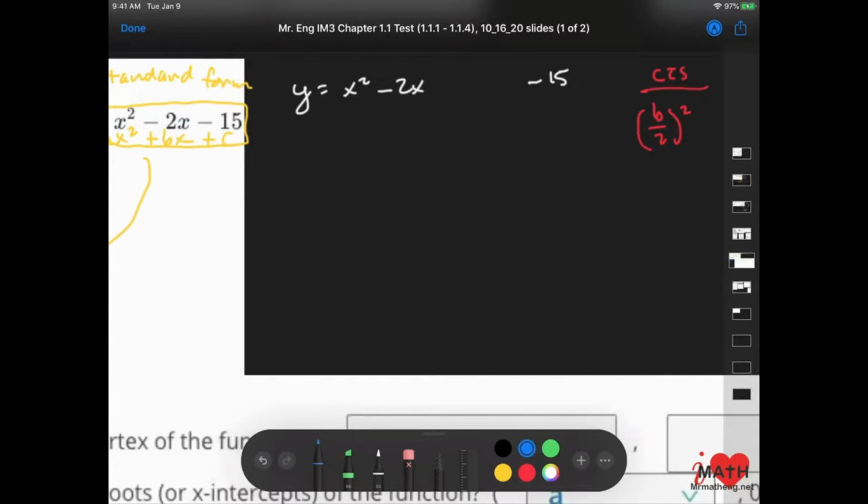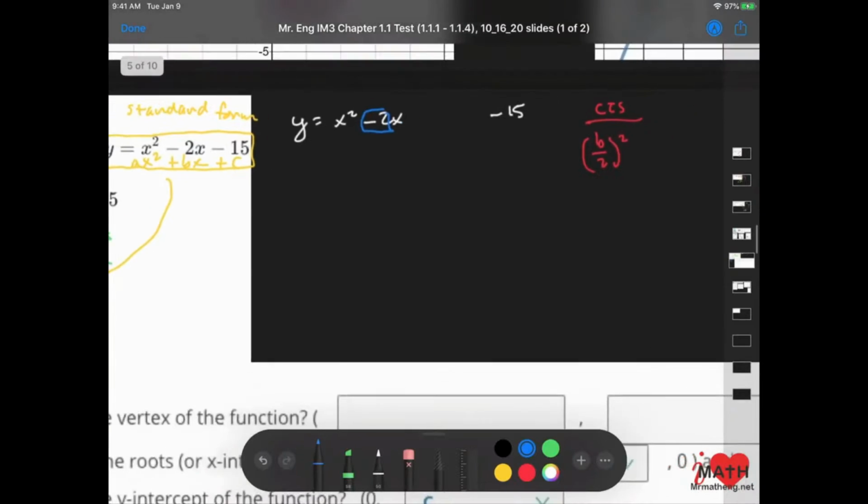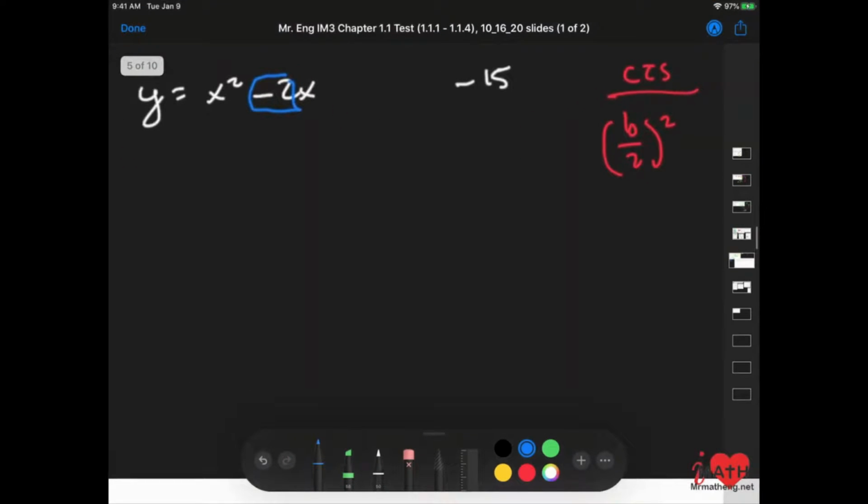The b value is negative 2. Negative 2 divided by 2 is negative 1. And negative 1 squared, negative 1 times negative 1, is positive 1. Okay, so I'm going to write positive 1.